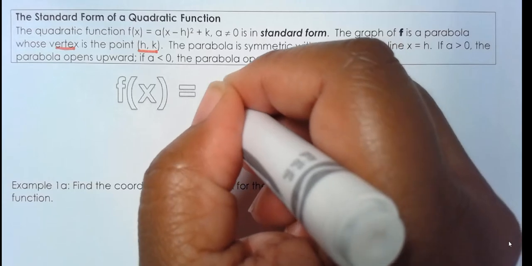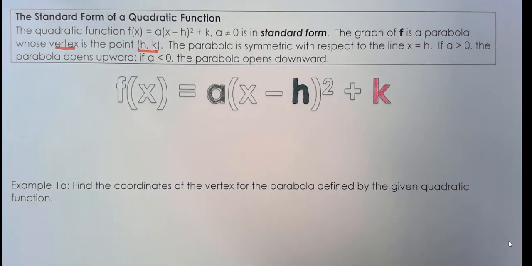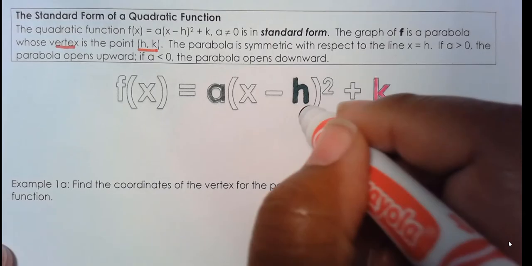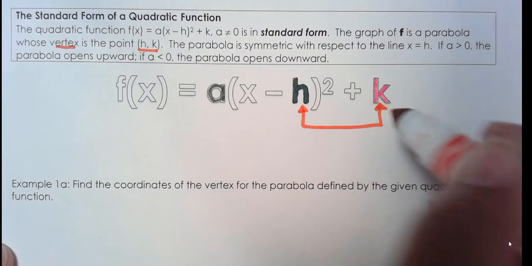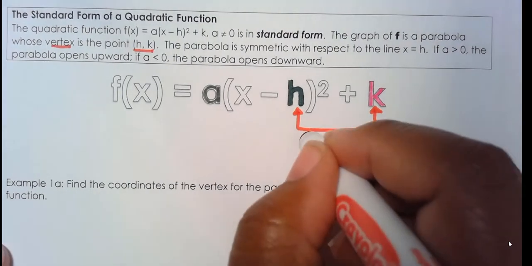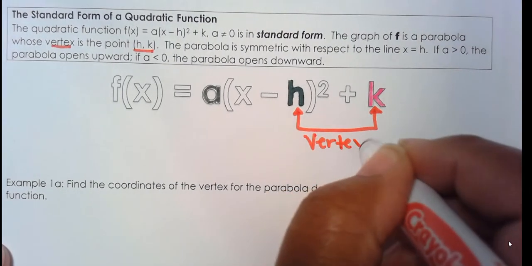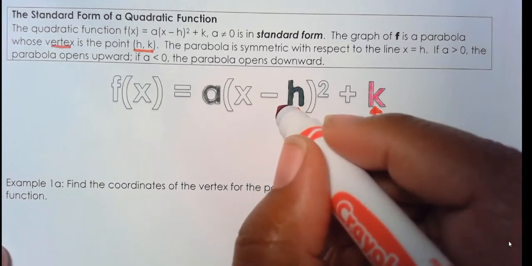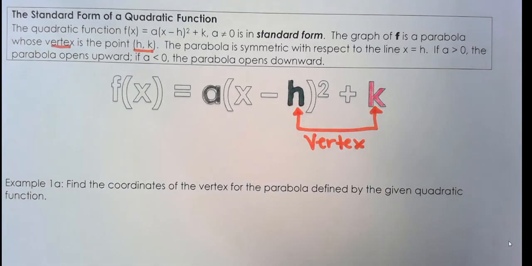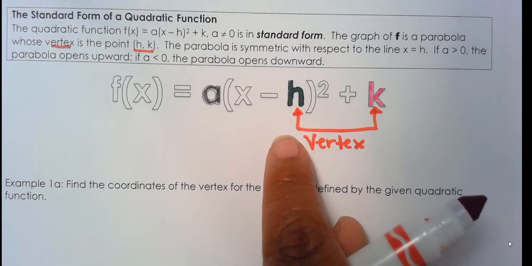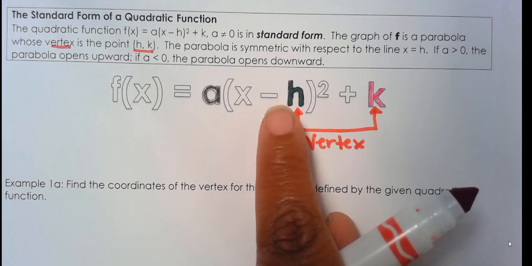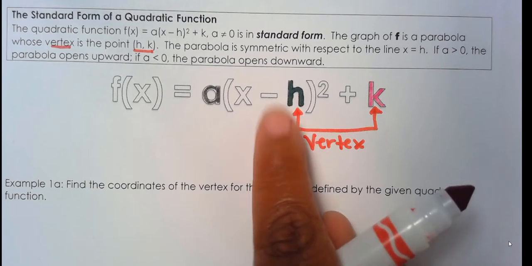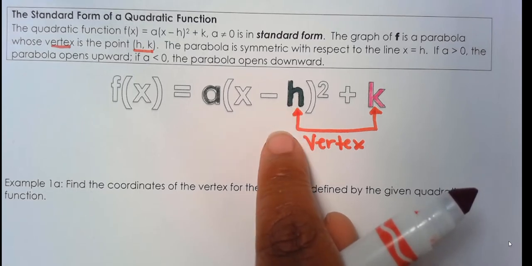So for our example, to start off with our h and k, this would be our vertex. And be mindful of the negative sign because whenever we identify our h, we're going to always take the opposite of what we see in our formula here for the standard form of a quadratic function. So be mindful now, and I will explain this a little bit more.